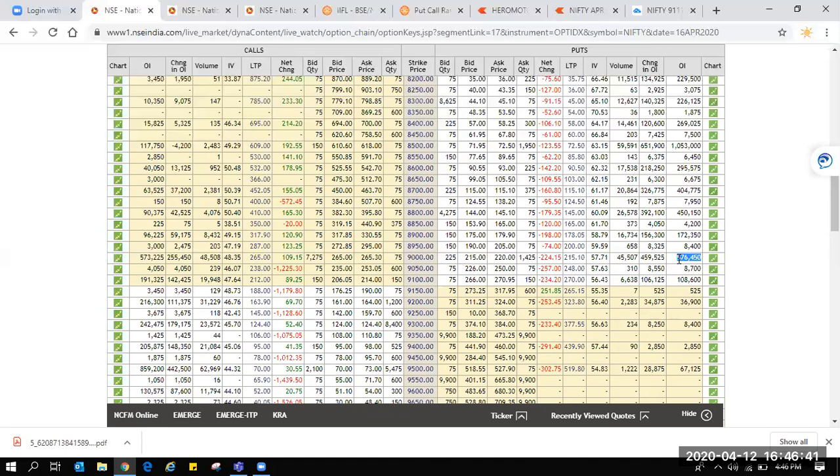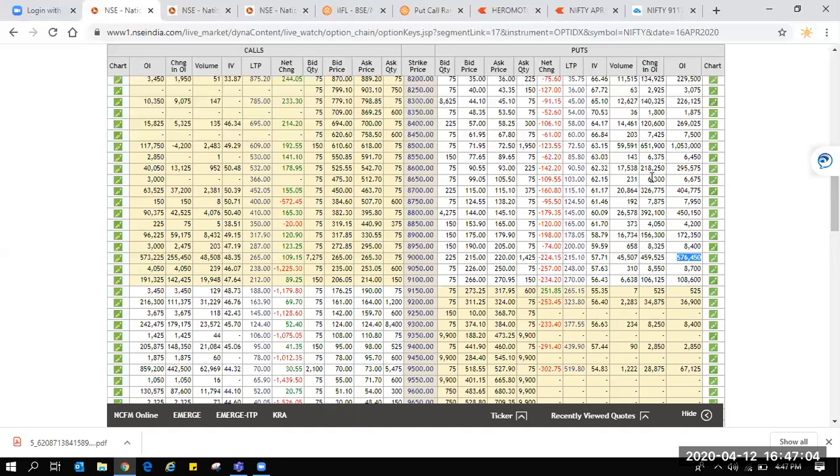That means 40,000 positions have been unwound. That means the OI will reduce to 5 lakh 36,450. So that is called unwinding. And this unwinding occurs when there is a fear in the market for puts. Similarly for the calls; we'll come to the calls also. So this is for the puts.